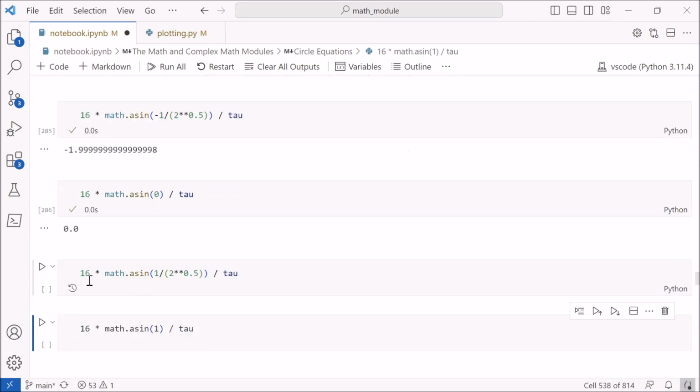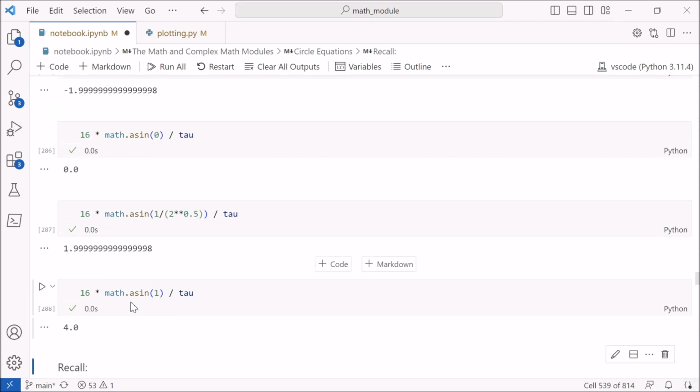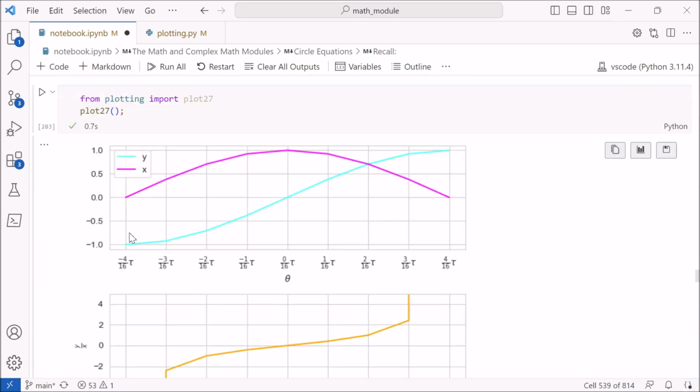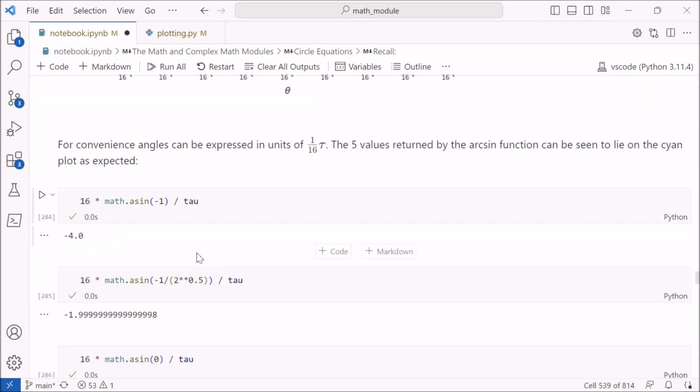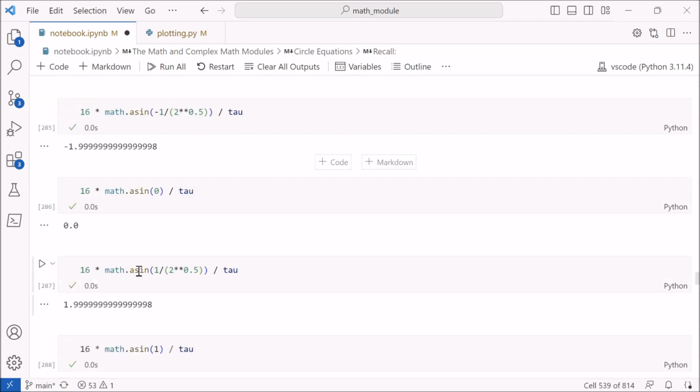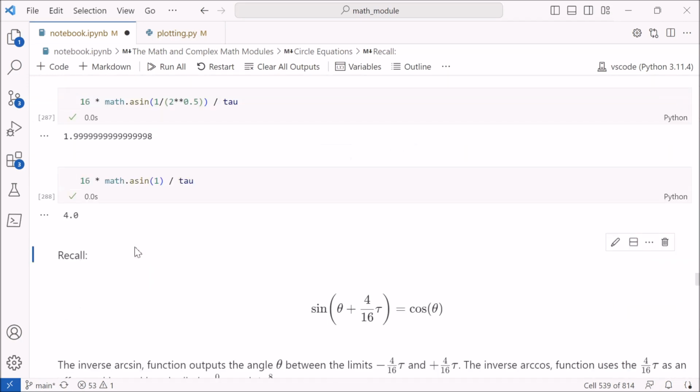So we've essentially picked the 5 values here, minus 1, this one, this one, this one, and this one, and we see we get these in 16ths tau, which match the x-axis as expected.